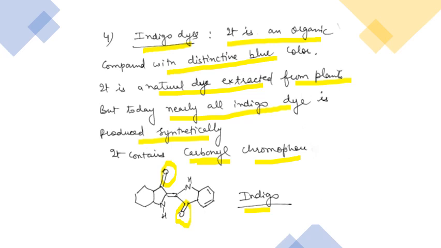So if anybody asks why indigo dyes have a deep blue color, you can easily answer: because of the presence of the carbonyl chromophore. So indigo dyes can easily be differentiated from other dyes by the chemical composition or the chromophore.